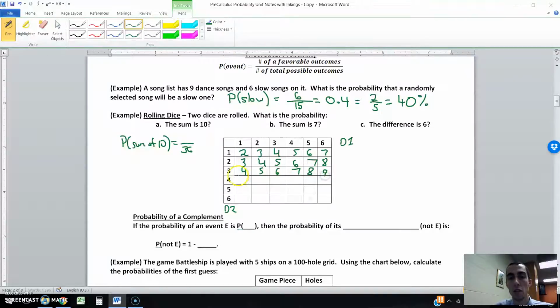And you can see already that some of these sums appear more frequently than others. As you can see, 2 can only happen in one circumstance, and that's by rolling a 1 on both dice. Some of these others are possible in more than one case, and you can see that 7 is possible most frequently.